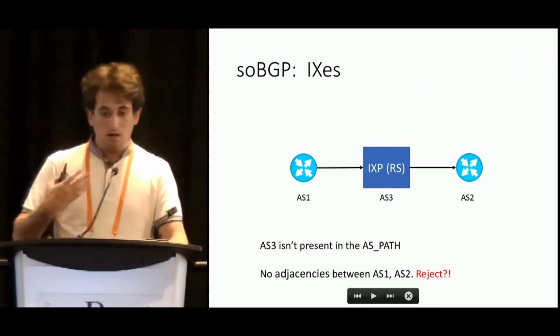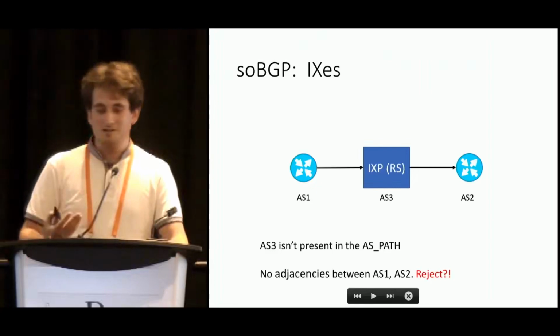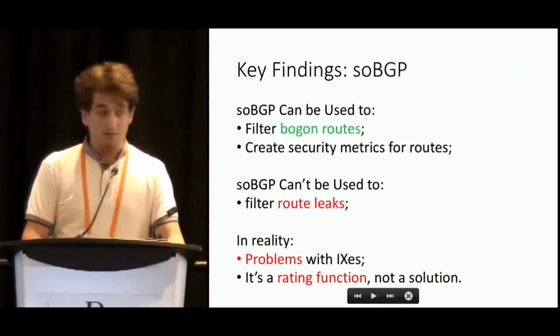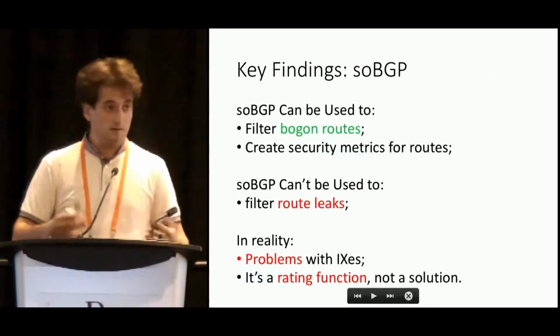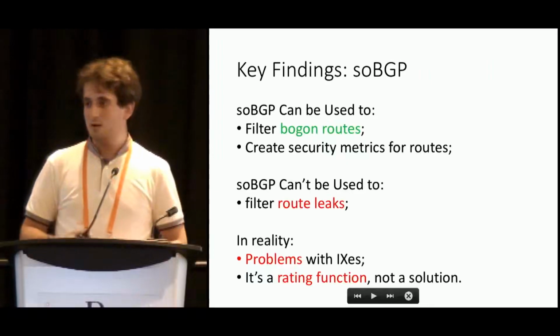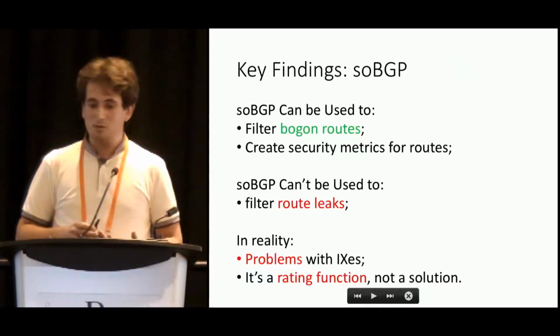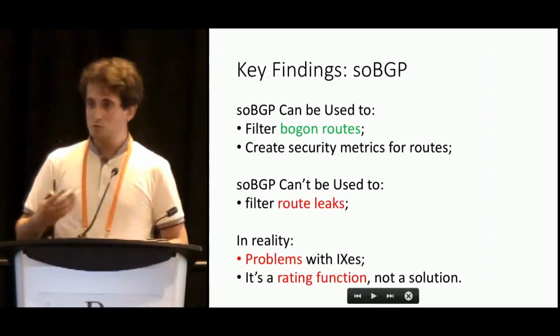So with these indirect agencies, it is impossible to create such a database, and there is another option for attackers. So as a result, soBGP is a function. It's capable of detecting bogon routes, but it's not capable of detecting route leaks or providing a general solution to verify the AS path.